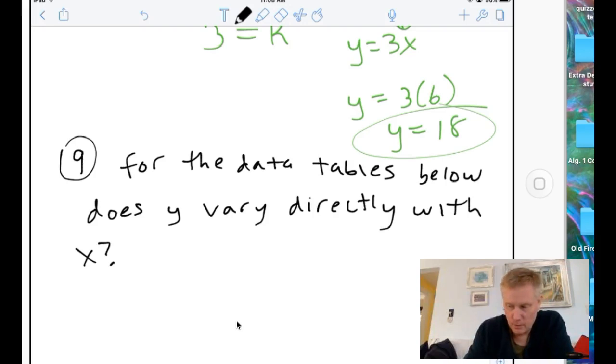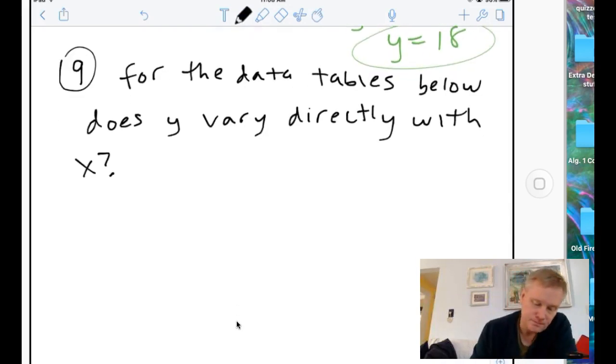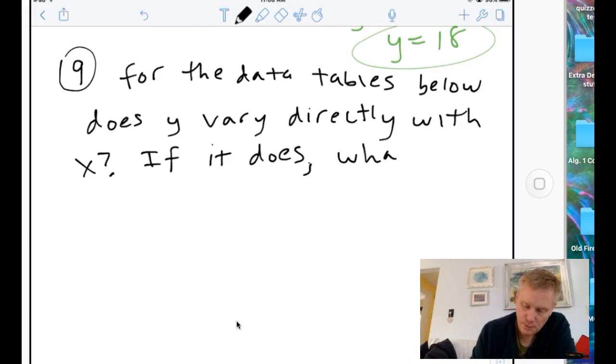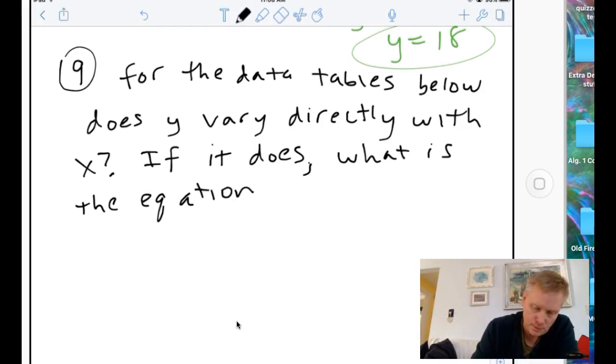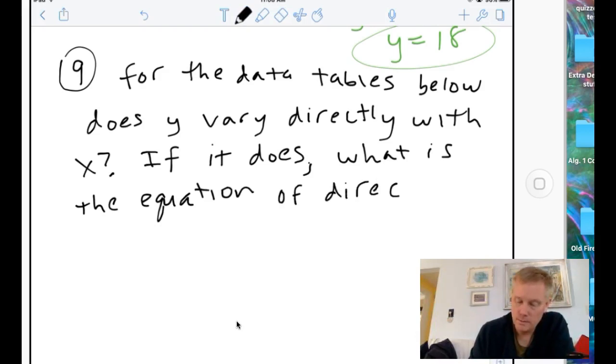If it does, what is the equation for direct variation?